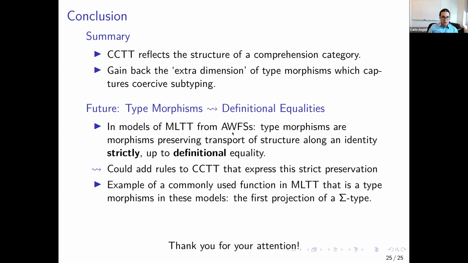I had a related comment or question. I think you're inheriting the terminology of subtyping from the Coraglia work, but traditionally in coercive subtyping, people did imagine that there's at most one coercion between any pair of types.